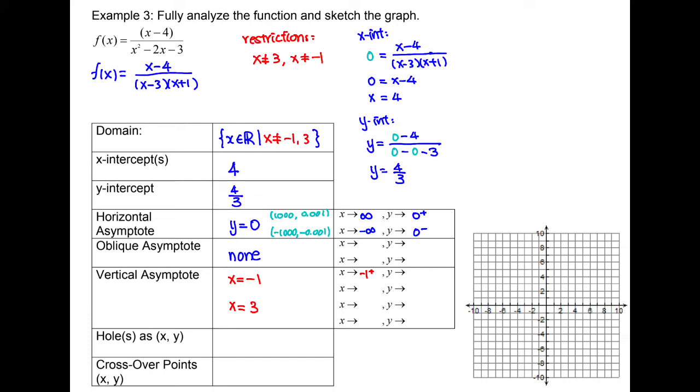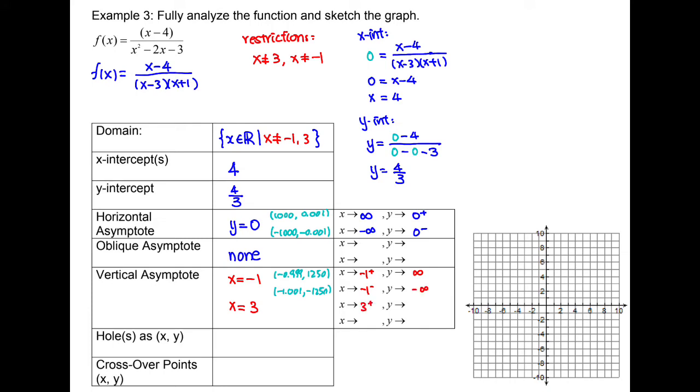When x approaches -1 from the right, we use -0.999 as the x value. We get a y value of 1,250. So we say y is approaching positive infinity. When x approaches -1 from the left, we use -1.001 for x. We get y to be -1,250, which means y is approaching negative infinity.